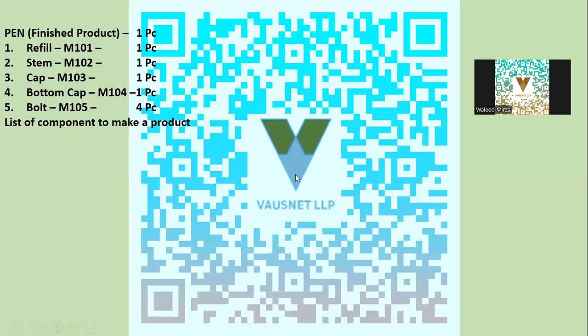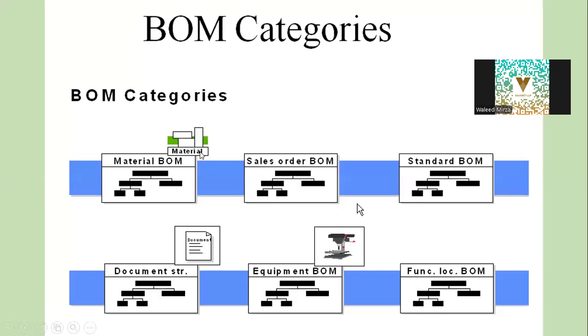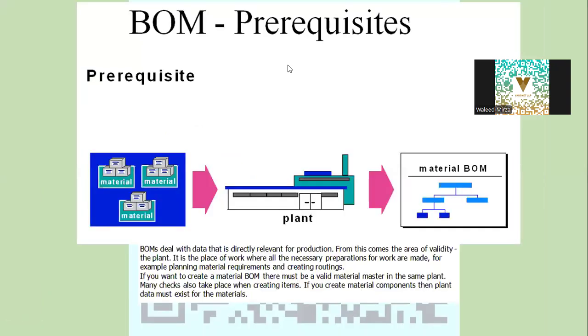For example, to make one pen, we need a refill 1 piece, stem 1 piece, cap 1 piece, bottom cap 1 piece, bolt 4 pieces. The list of components which make a product. There are categories of bills of material: material BOM, document structure, equipment BOM, sales order BOM, standard BOM, functional location BOM. We'll see this in the next lecture.